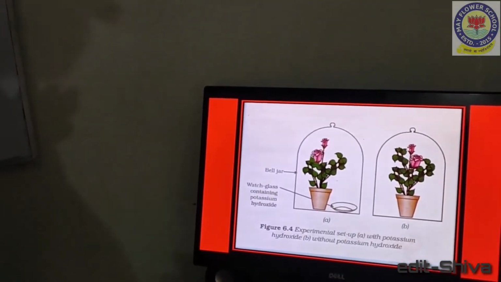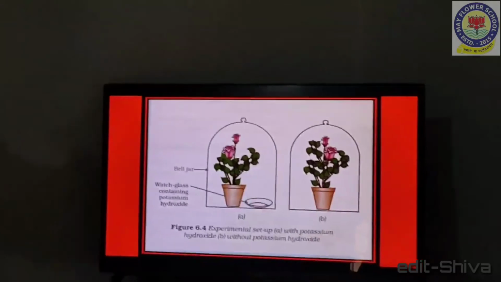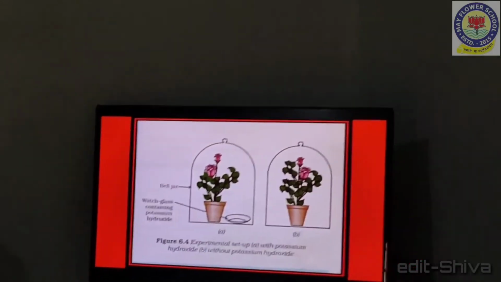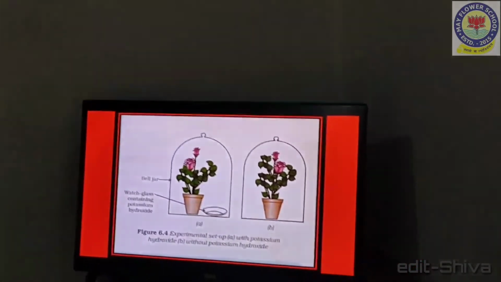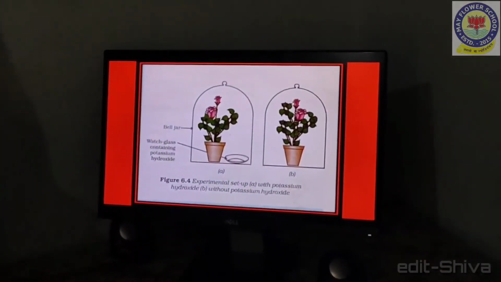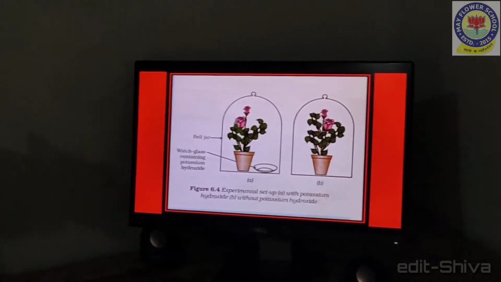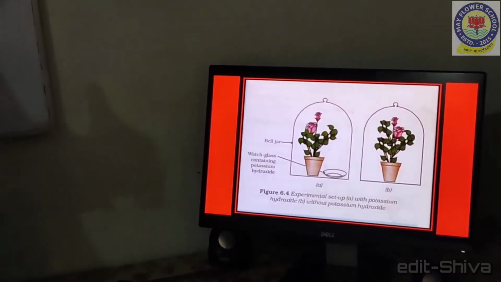We put both the apparatus under sunlight for 6 hours. After that, we pluck one leaf each from the plants and go through the starch test as we have done in the previous activities.